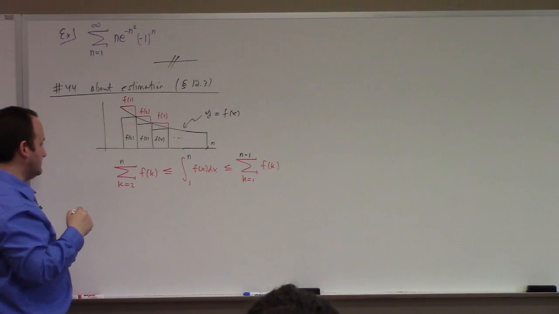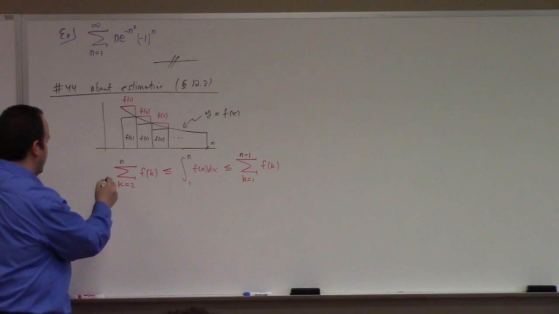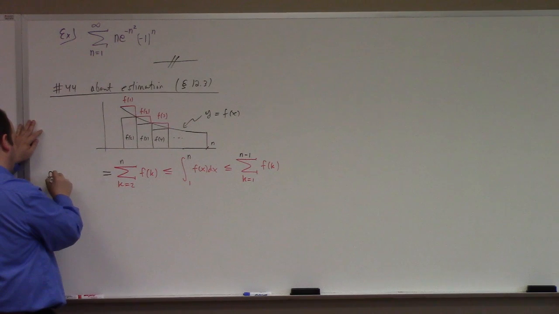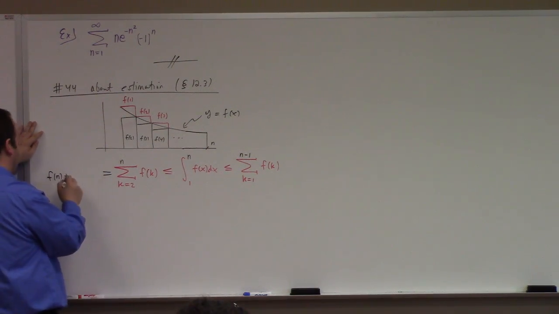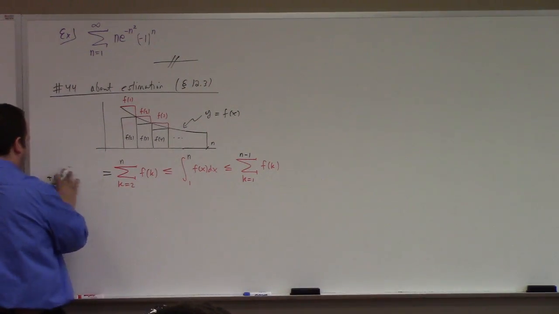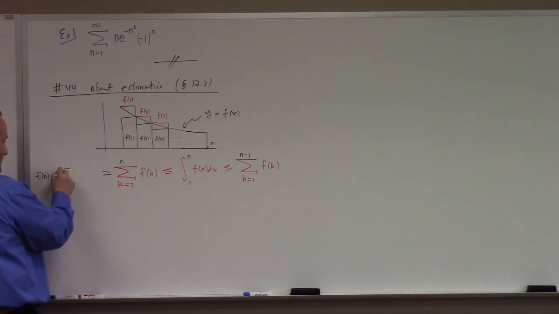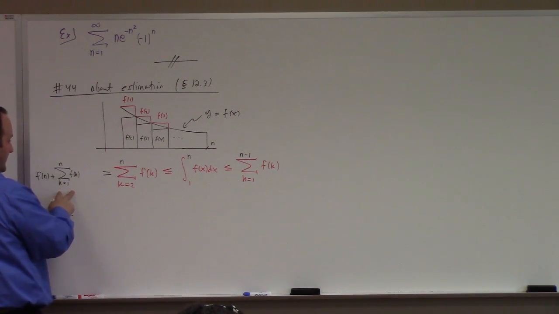So what does that tell me? Of course, if you'll allow me this small manga-style calculation, this is f of n plus, what if I want to make that sum k equals 1 to n of f of k?